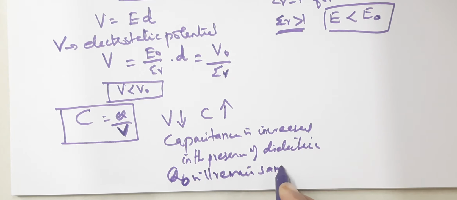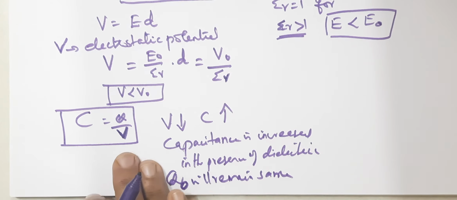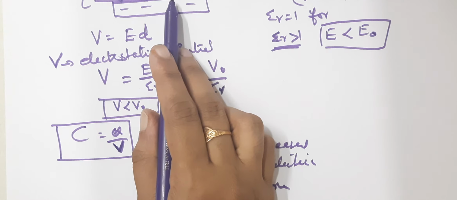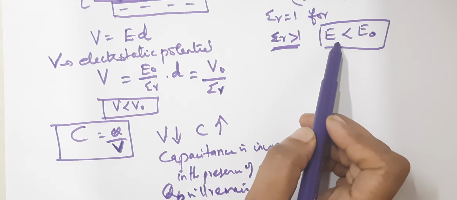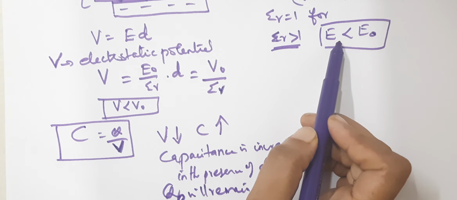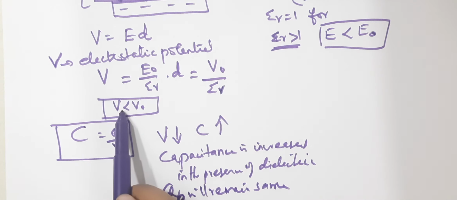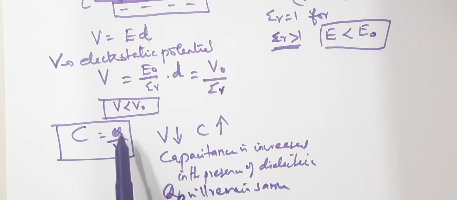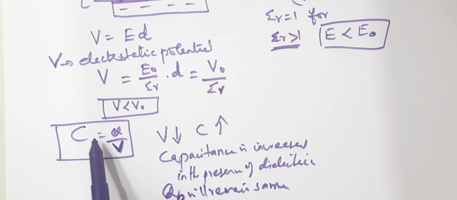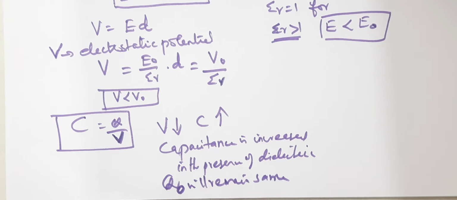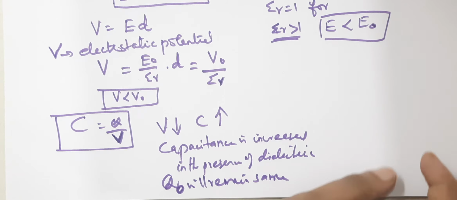Are you able to understand? So when the dielectric is inserted between the two parallel plates, the electric field decreases with the disconnection of the battery and the potential decreases. Since the potential decreases, capacitance increases because capacitance is inversely proportional to potential difference. But the charge remains the same.